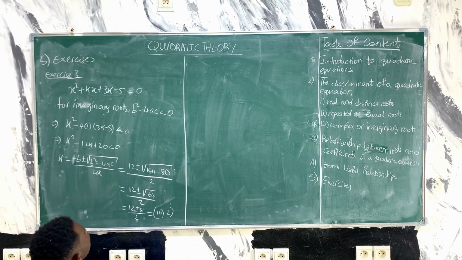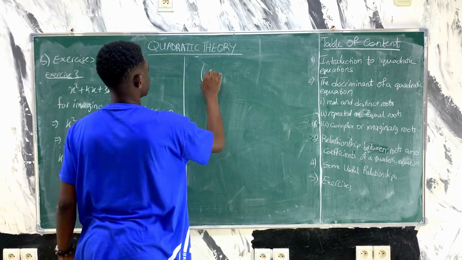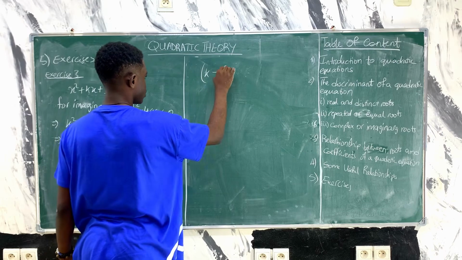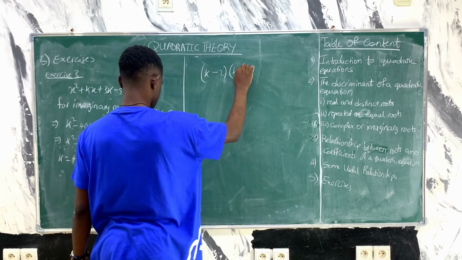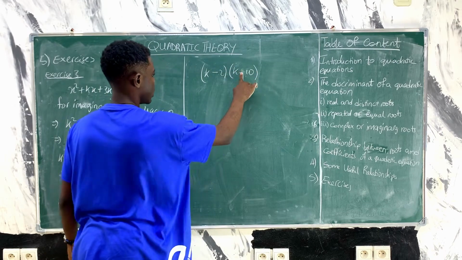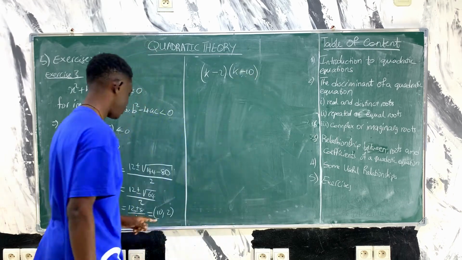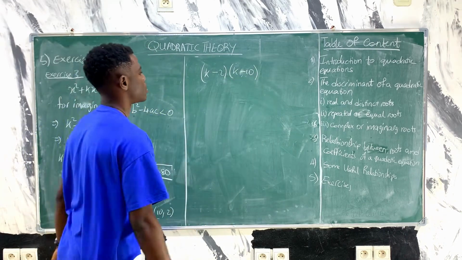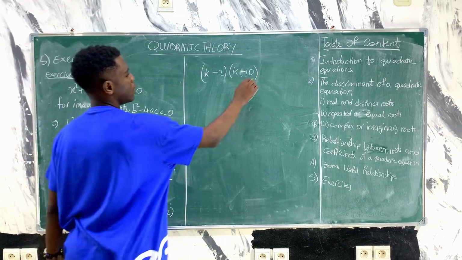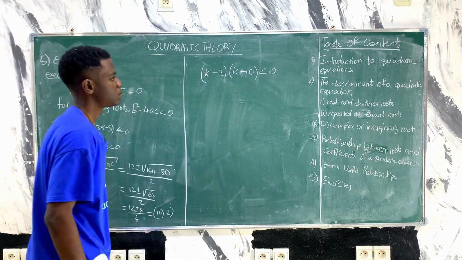So these are the two values. So the factors are going to be k minus 2 and k minus 10. Both of them are positive, so you put minus and minus, and all of that is going to be less than 0.